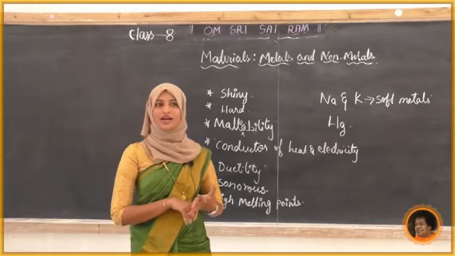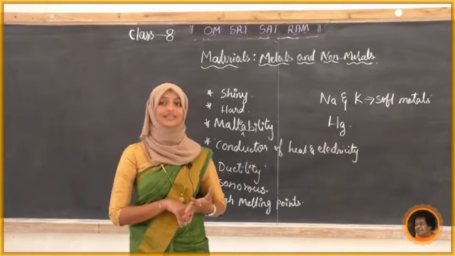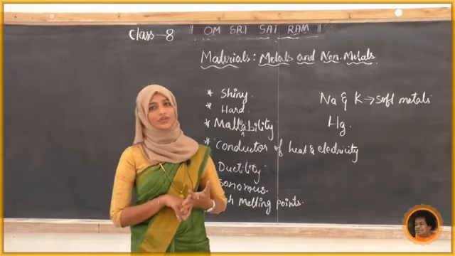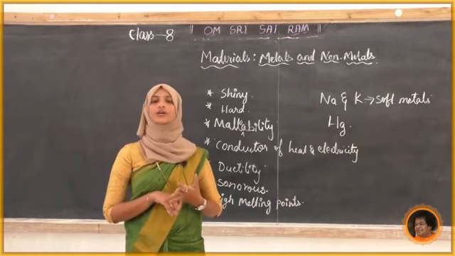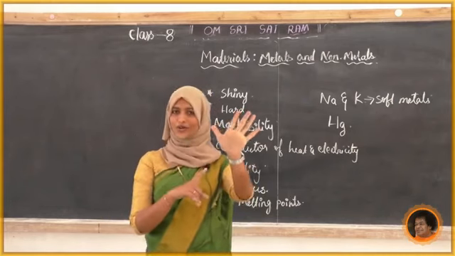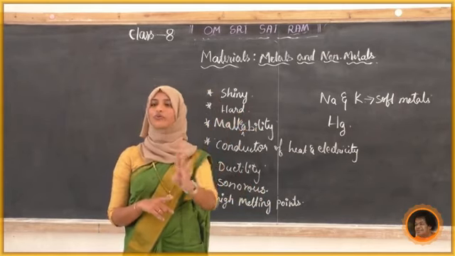So we are using metallic electric wires. Usually we are using copper. Upon that, silver is also a very good conductor of heat and electricity. Next point, what we have got? Ductility. We can draw them into wires.